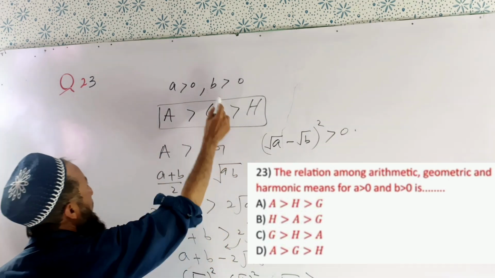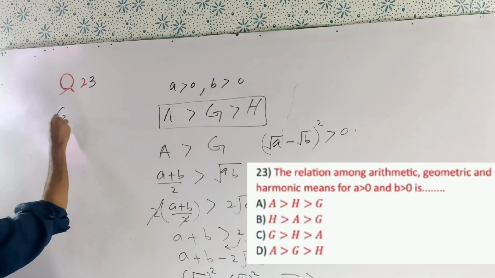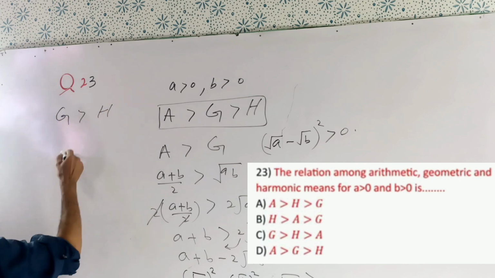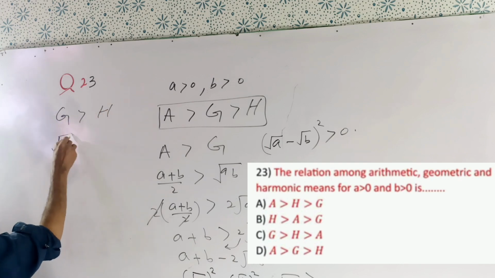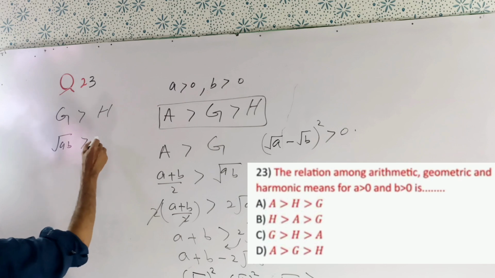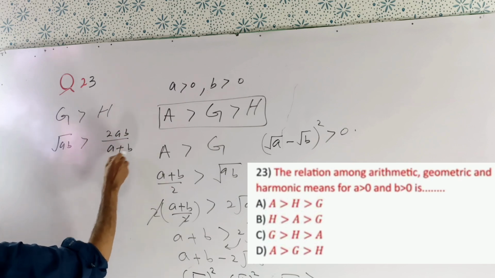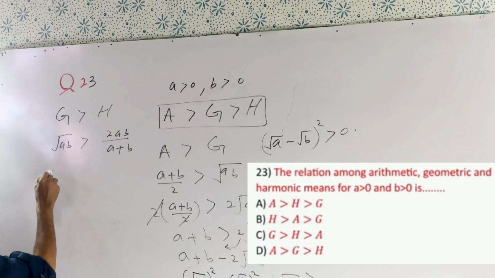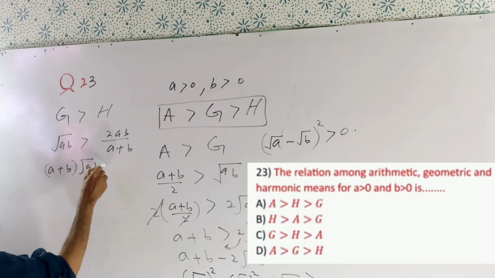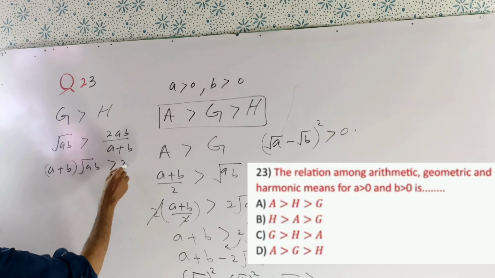Similarly, if we want to prove geometric mean is greater than harmonic mean: geometric mean is root AB and harmonic mean is 2AB divided by A plus B. Multiplying, A plus B times root AB is greater than 2AB.